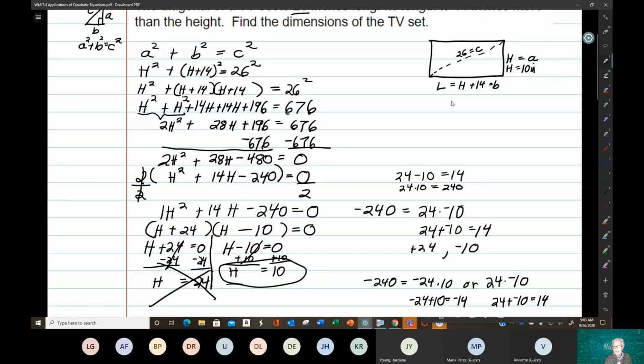And the length of the television set is going to be 10, because h is 10, plus 14 equals 24 inches, but positive, not negative. So finding the dimensions of the TV set means finding the length and finding the height. And we did. The height is 10 inches and the length is 24 inches.